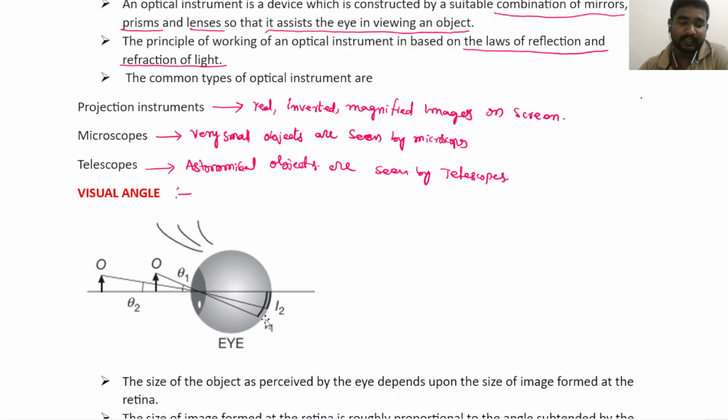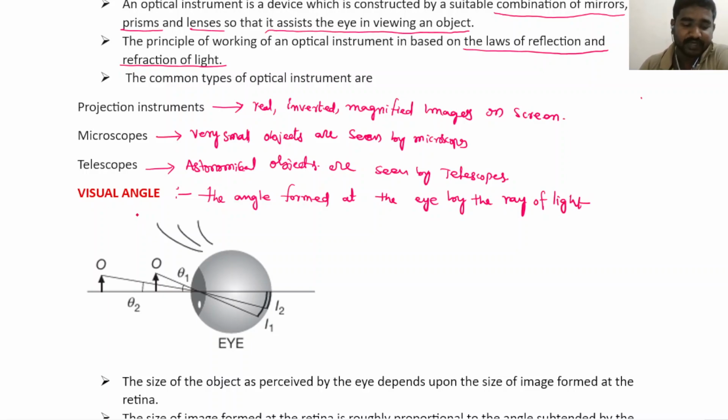Visual angle is nothing but the angle formed at the eye by the rays of light coming from the extreme ends of an object. You can take this next as the visual angle.